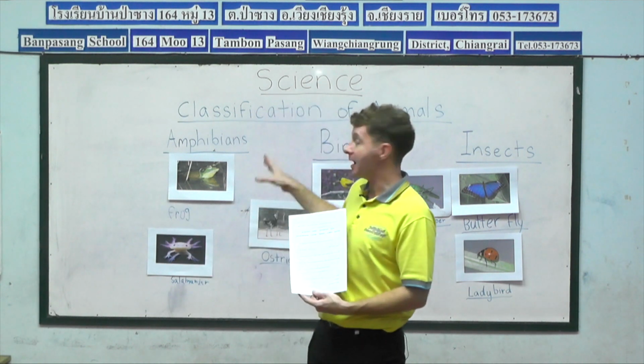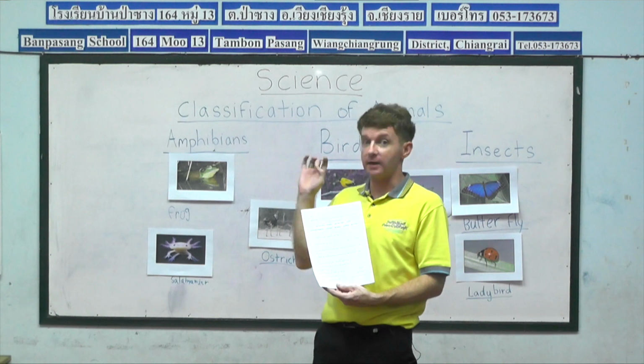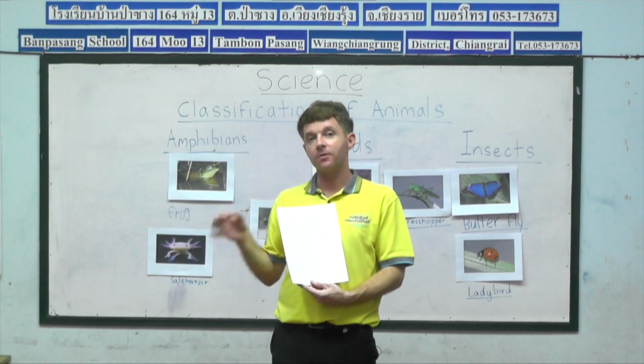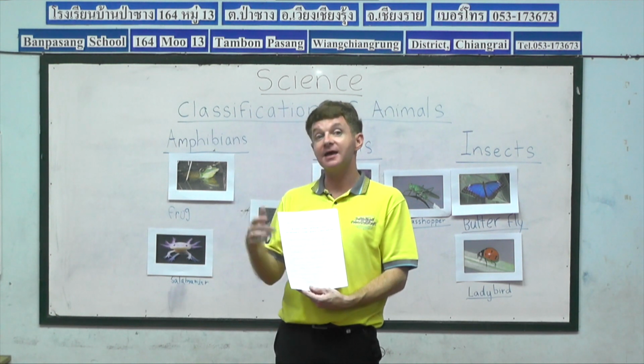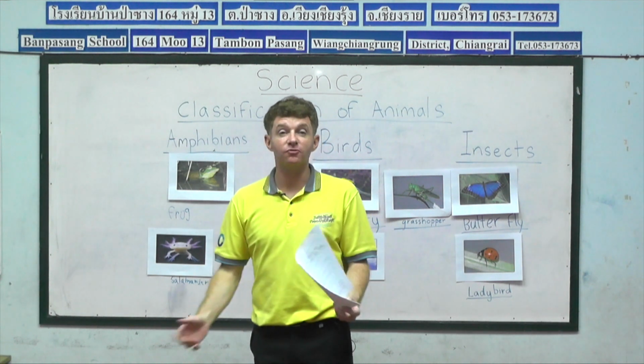All of the sentences have one word missing, and they all relate to amphibians, birds, or insects, the vocabulary we learnt in the PowerPoint. What our students need to do is read each sentence, identify what word is missing by choosing the correct word from the word box and writing it in. So give our students around 10 to 12 minutes for this activity and help them with anything they need.